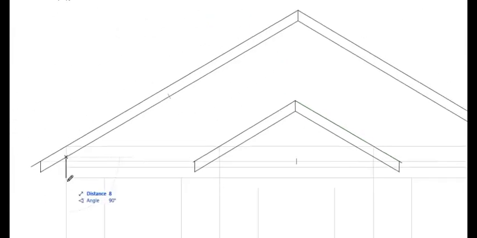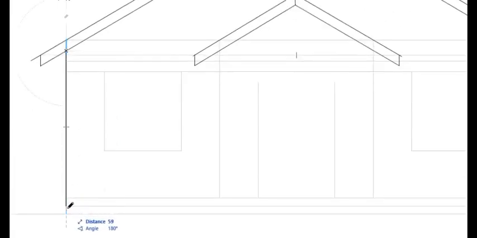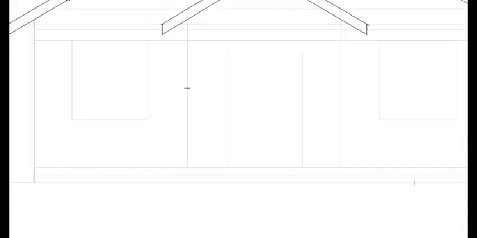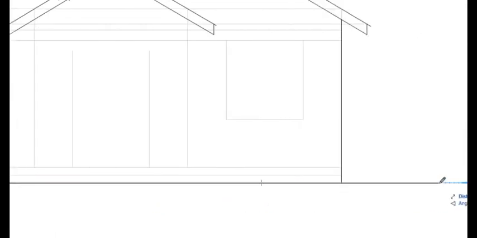Then we plan our walls. Like that. Draw our ground level. Also draw this one. Line that on there like that.